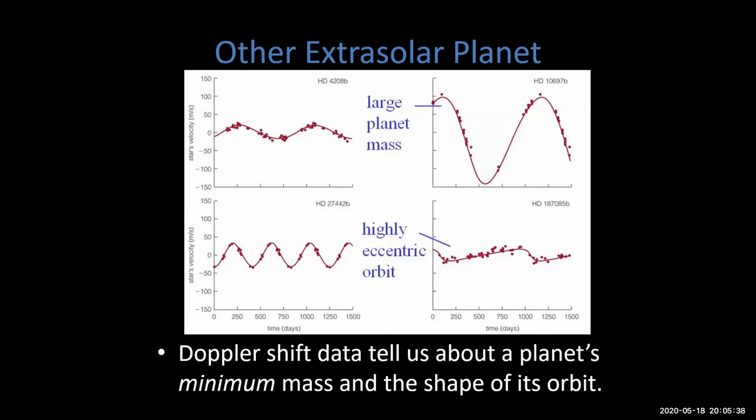A very circular orbit looks like the bottom left, and a very oval orbit would look like the bottom right. So these Doppler shifts, these radial velocity measurements, in addition to helping us detect the planet in the first place, can also tell us about the mass, the shape of the orbit, and the distance the planet is from its star.